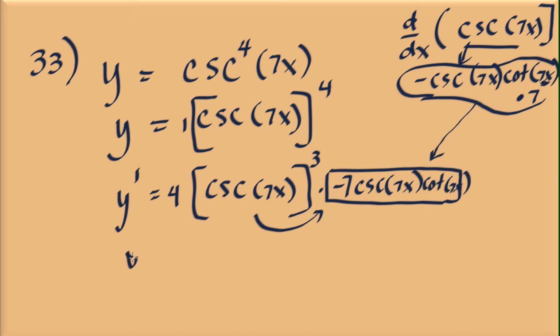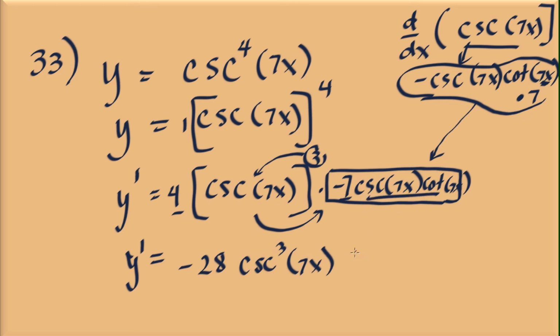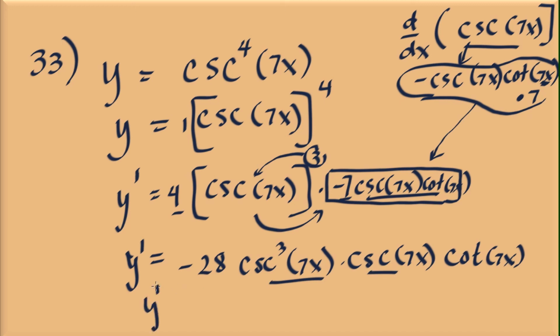And then finally, we just have to organize it. 4 times negative 7 is negative 28. Now this 3, you can write it back to that position, cosecant cubed 7x, and then times another cosecant 7x cotangent 7x. Now, if you want to multiply these two cosecants together, that's going to give us cosecant to the fourth of 7x, then cotangent 7x.